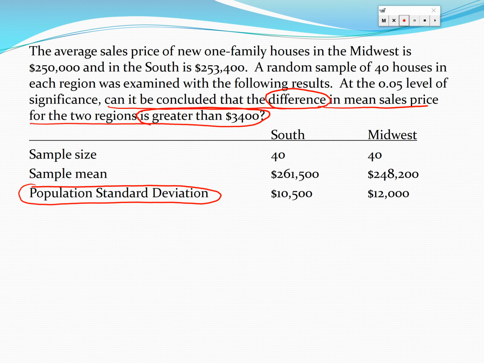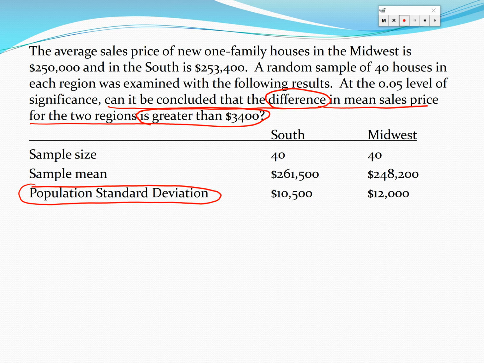So this is what I've been talking about. I know I keep saying a specified difference, and I've been making up some kind of random number to go with that. But here's where we're actually looking at, is the difference in the means greater than $3,400? That's what we're looking at.